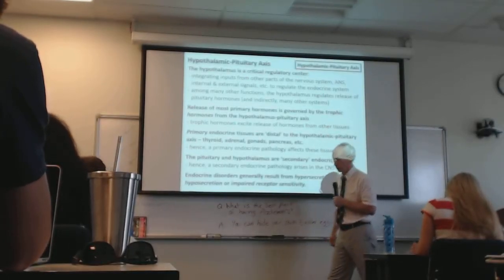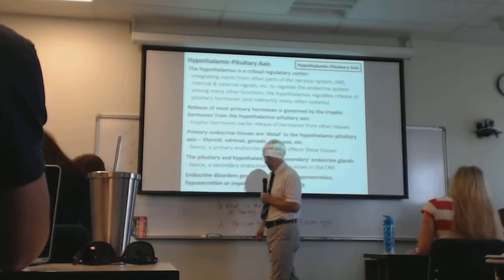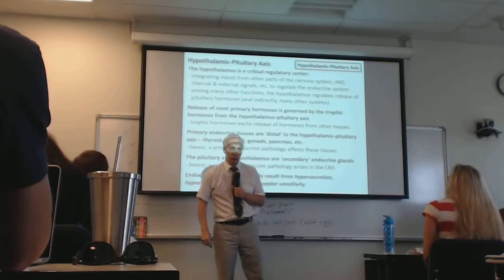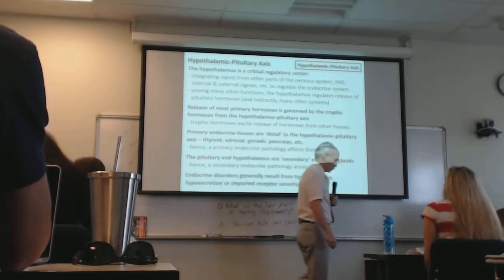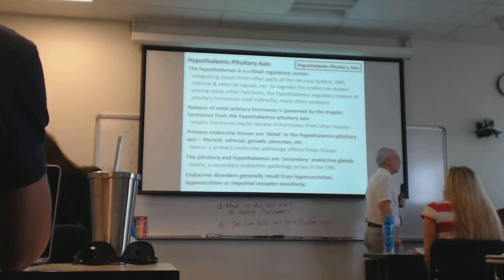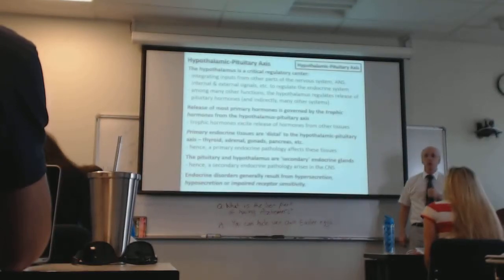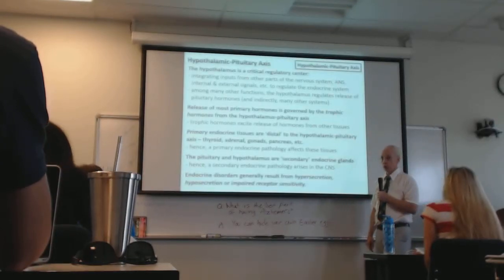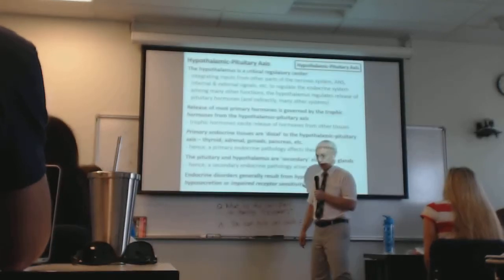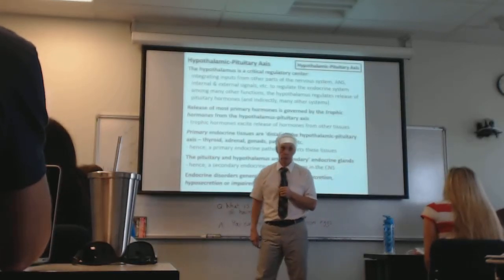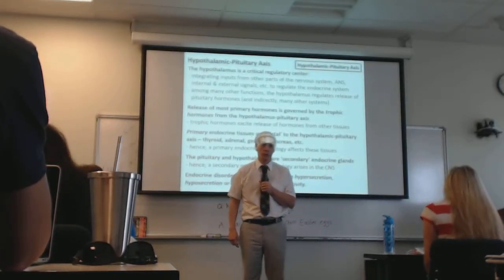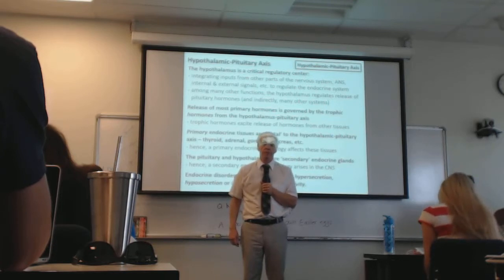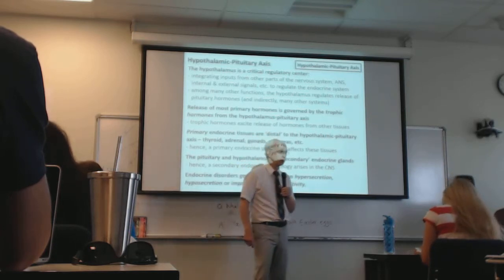All right, some more terms. In your medical reading after this course, you're often going to see reference to primary or secondary hormones, or the alternate terminology, central or peripheral hormones. So I want you to be aware of those terms. Let's begin with secondary. A secondary hormone is a hormone that originates in the hypothalamus or the pituitary.